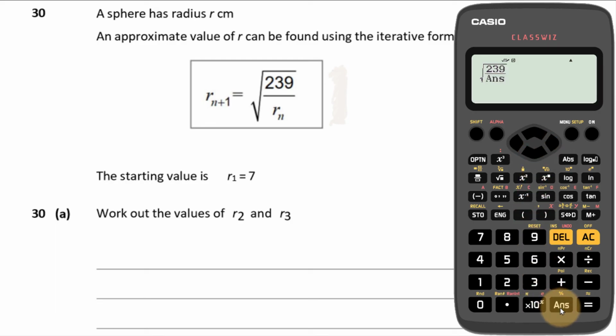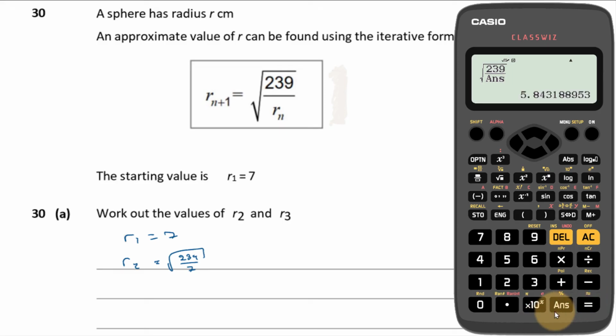So basically the last calculated value is going to come back and go into there. Okay, so R1 we know is 7, then R2 is going to be the root of 239 over 7, and I'm just going to press my answer key and find out what that is.